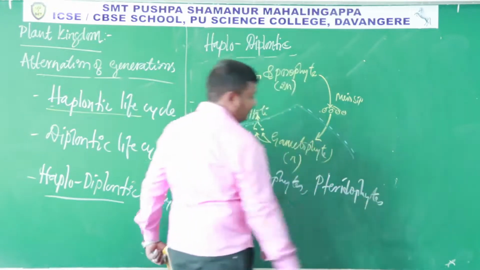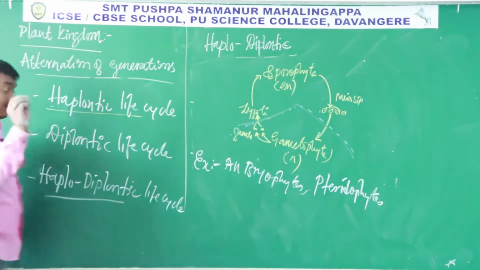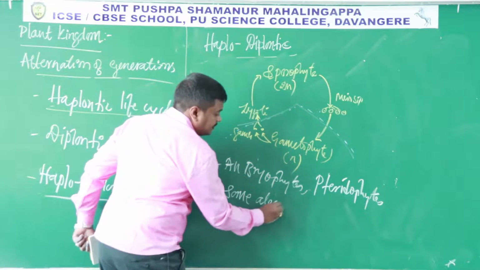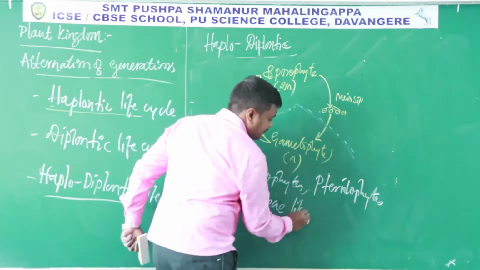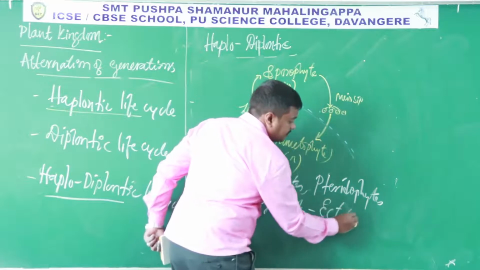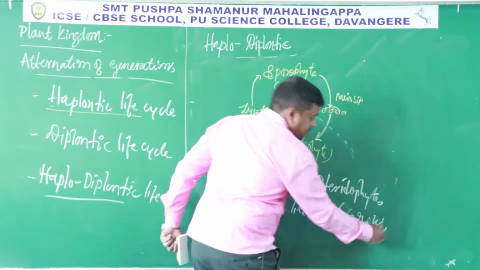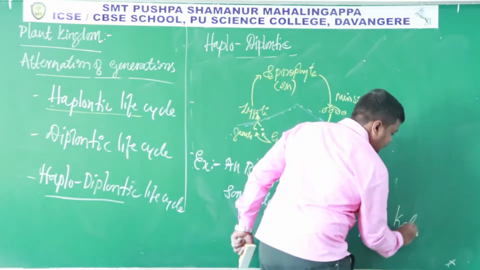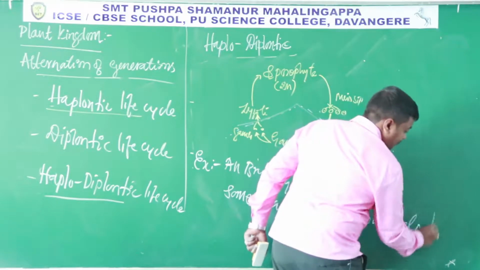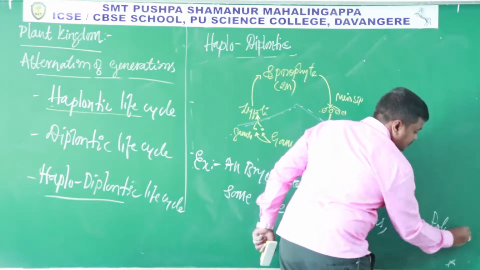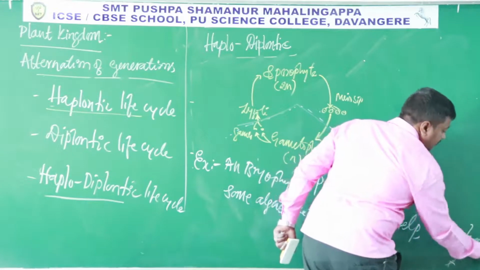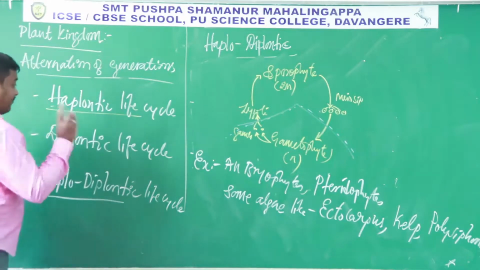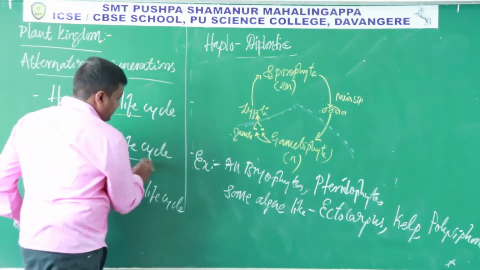All bryophytes and pteridophytes come under this. And along with that, some algae like Ectocarpus, a brown algae, then kelp, also a brown algae, then Polysiphonia. So these show haplodiplontic. Also here, I forgot to tell this, the example for the diplontic life cycle.